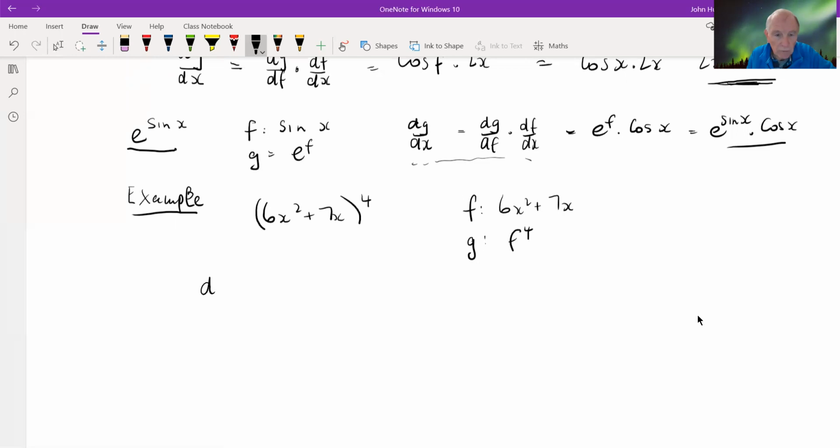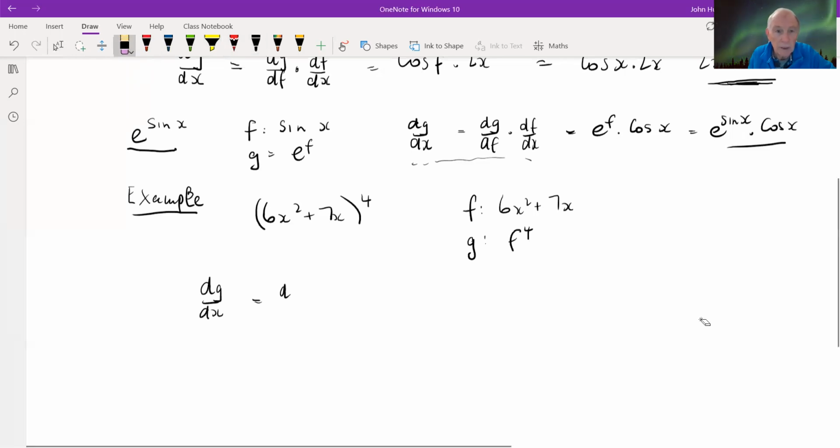Okay, so we're going for dg/dx, aren't we? That's what we ultimately want. This whole thing is g, and that's what we want to find its derivative with respect to x. We're going to do it in bits.